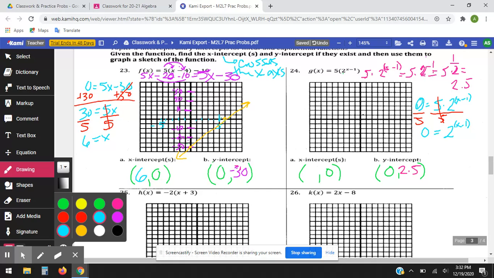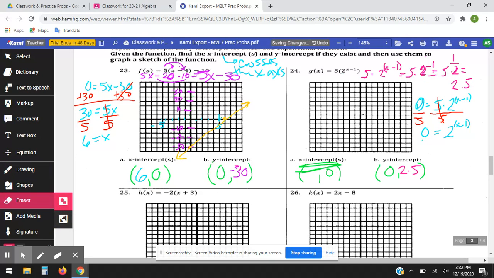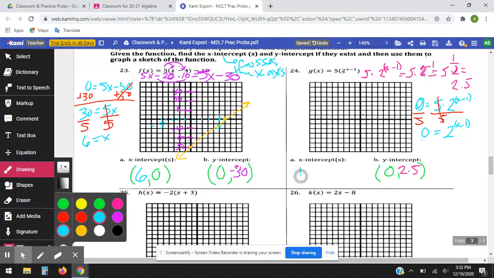Now, there's actually nothing I can take 2 to the power of to get me an answer of 0. So that tells me there is no x-intercept. So this exponential equation is all above or below the x-axis. So now I have to determine where it is, if I can't cross the x-axis.